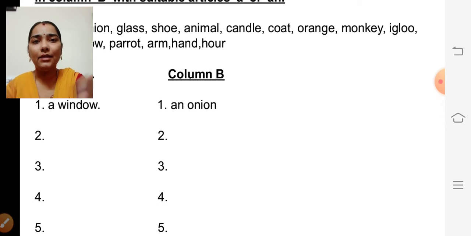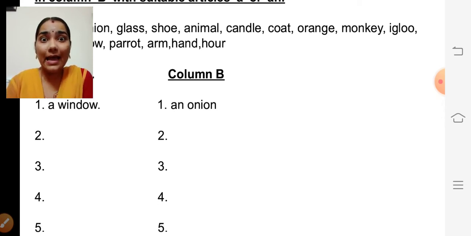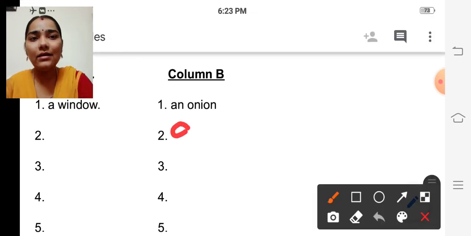is animal. Animal. So it starts with the letter A. It is a vowel, isn't it? So which article should come? An animal.